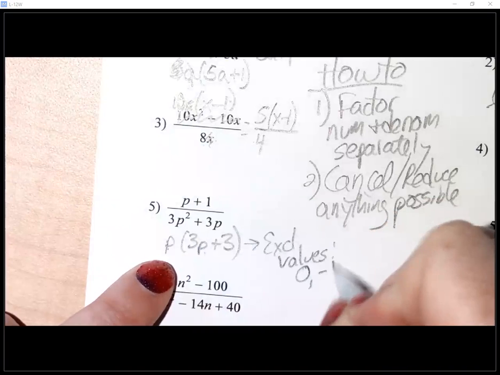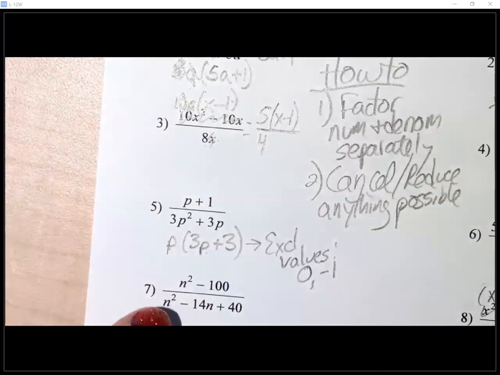Because either one of those is going to get me a 0 in the denominator, and I can't have that. So that's what they mean by state the excluded values. I don't necessarily care if you do it for the rest of these. I just wanted you to see what it is. And so when you are asked, that's all they're asking about.